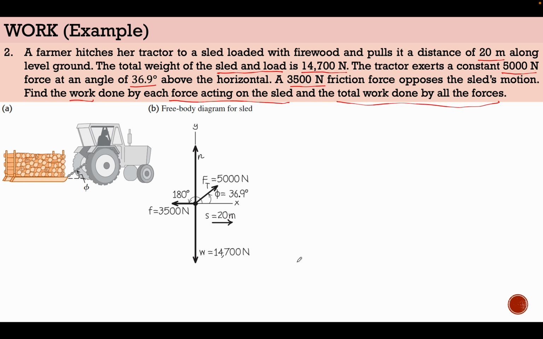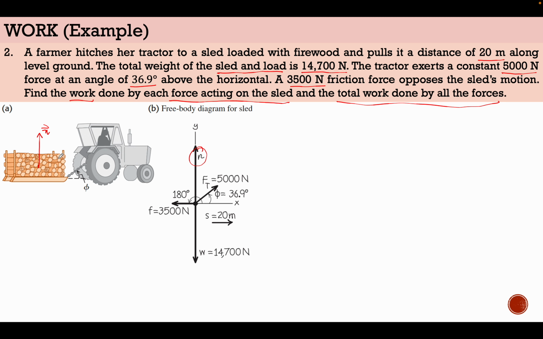Okay, so before we solve for the work done by each force acting on the sled, we will first determine what forces are acting on the sled. Here on the free body diagram in letter B, notice we have the normal force. The normal force is perpendicular, located right here.